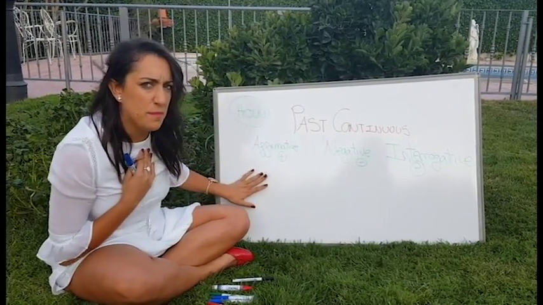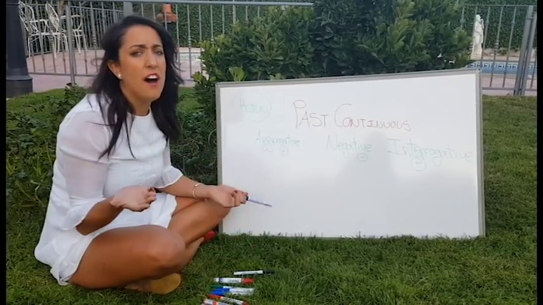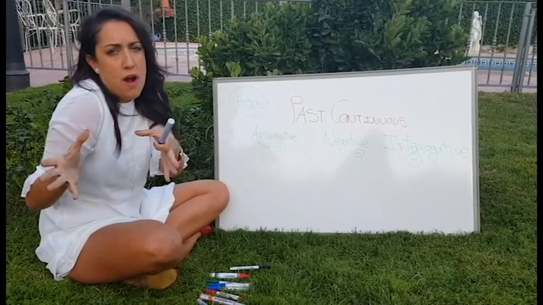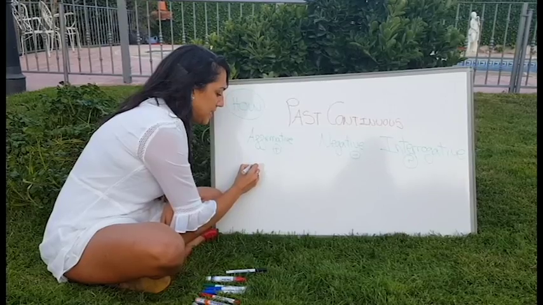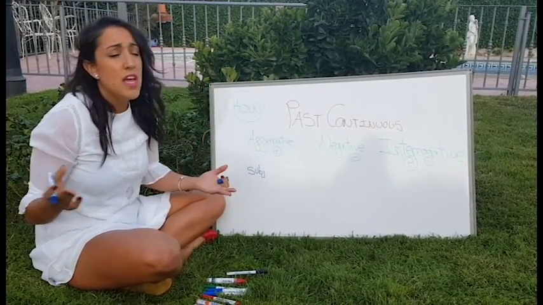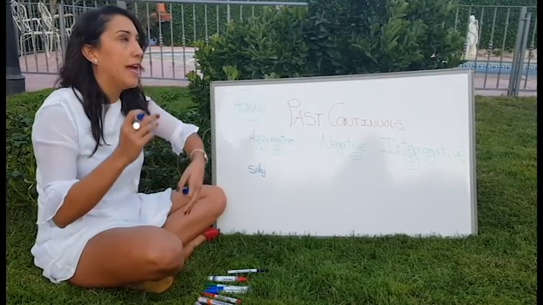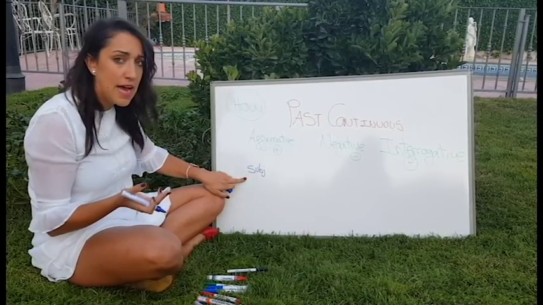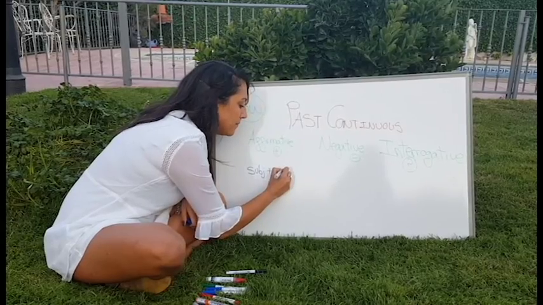If I'm honest, past continuous is very easy because we don't have to bear in mind if it is regular verbs or irregular verbs in the affirmative part. So, we need just the subject, and it doesn't matter if it is I, you, he, she, it, we, they, it doesn't matter. So, any subject plus the verb to be.